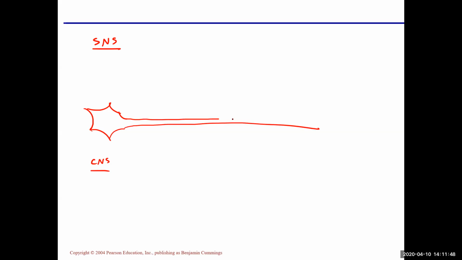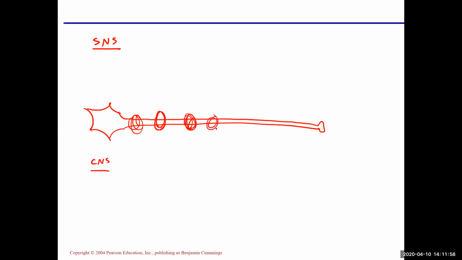So this is in the somatic nervous system. You have the cell body, and usually the cell body is in the central nervous system, in the brain and the spinal cord, and you have the long axons. These axons have a lot of myelin sheaths around them.